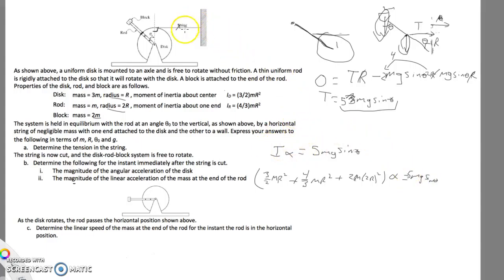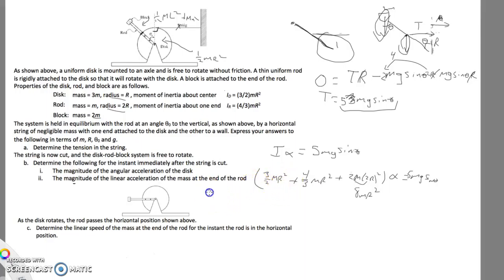Now before we simplify this, I just want to remind you, if we had to find moment of inertia here, for a disk, moment of inertia would be 1/2 mr squared. For the rod, it would be 1/12 ml squared. And since it's rotating about this point, we'd have to use the parallel axis theorem, so plus mh squared. Okay, so let's simplify this. 2 times 2 squared is going to be 8 mr squared. And so 3/2 plus 4/3 plus 8.